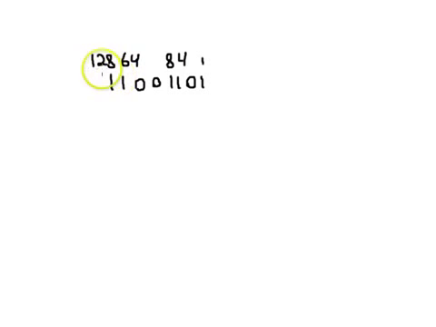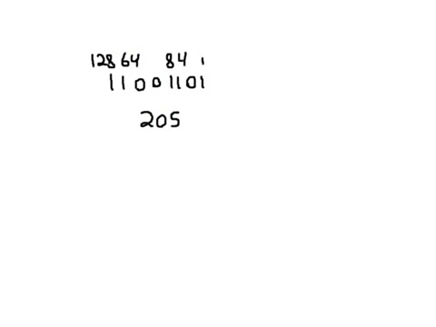So 128 plus 64 just happens to be 192. 192 plus 8 is 200. And then there's 4 more, 204, and then 1, 205. So this would be 205.